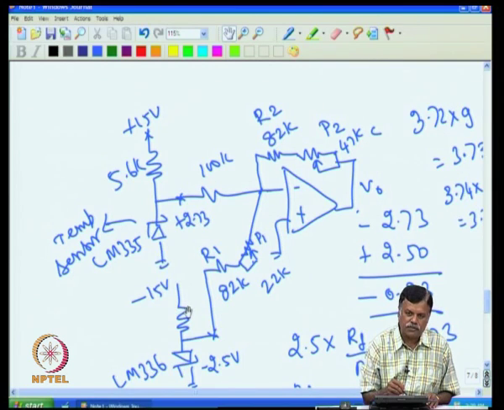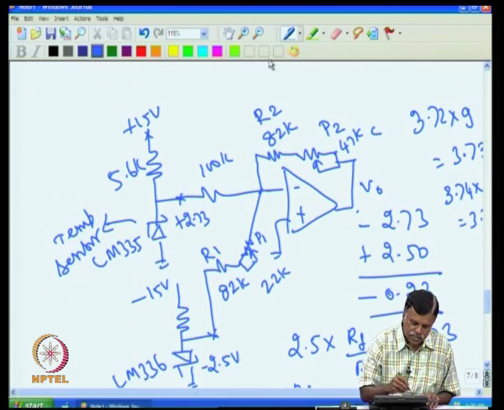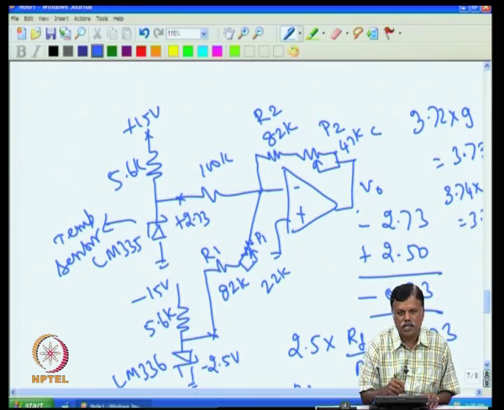So, 12.5 divided by 2 milliampere gives me 6.2 K, and I can very well use a 5.6 K resistance here, which will give me a little more than 2 milliampere, because this works up to 10 milliampere. So, no issue, I can put 5.6 K. That will give you about 2 milliampere, and then a very small current, a few microamperes only, flows through this, because this point is 0. So, this is 2.5.